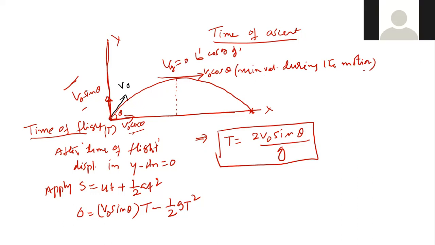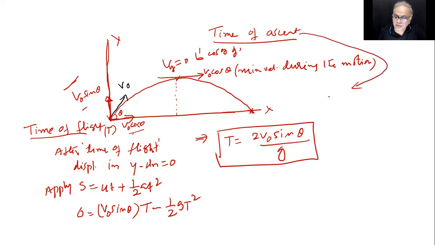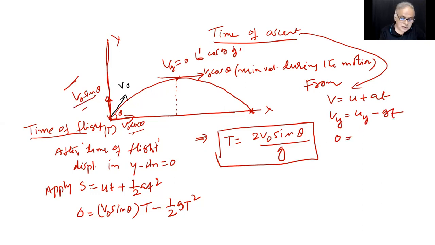Do you follow what all I speak? Yes, sir. So to find out this time from here to there, for time of ascent, use v equals u plus at. So that becomes vy equals uy minus gt, right? Vy is 0. Uy is how much? V0 sine theta minus g into time of ascent ta.